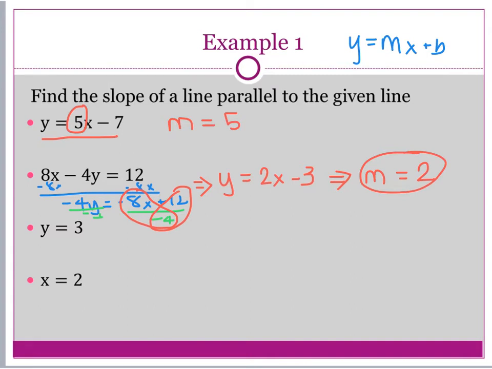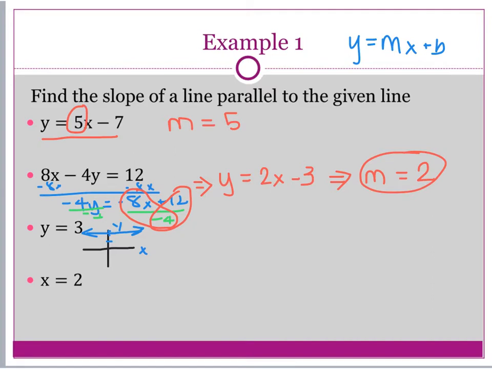Now for the next one where it says y equals 3, if you think about the graph of y equals 3, if I just graph this lightly here, keep in mind that this is my y-axis, this is my x-axis, so y equals 3 is going to be a horizontal line through the number 3 on the vertical or y-axis.